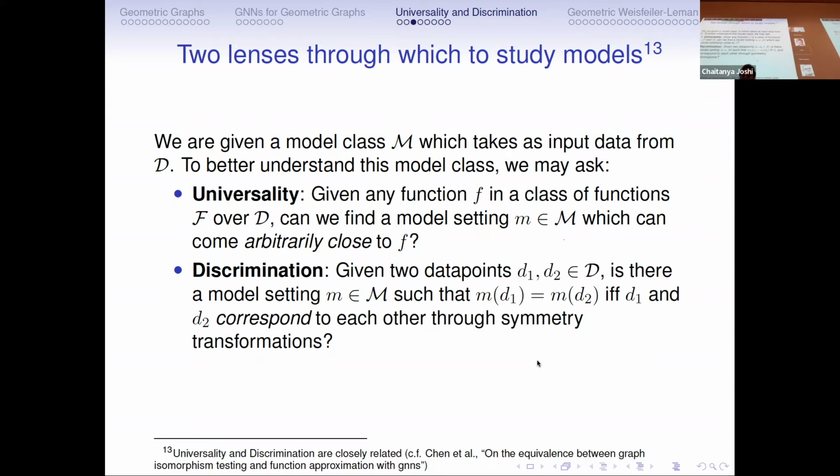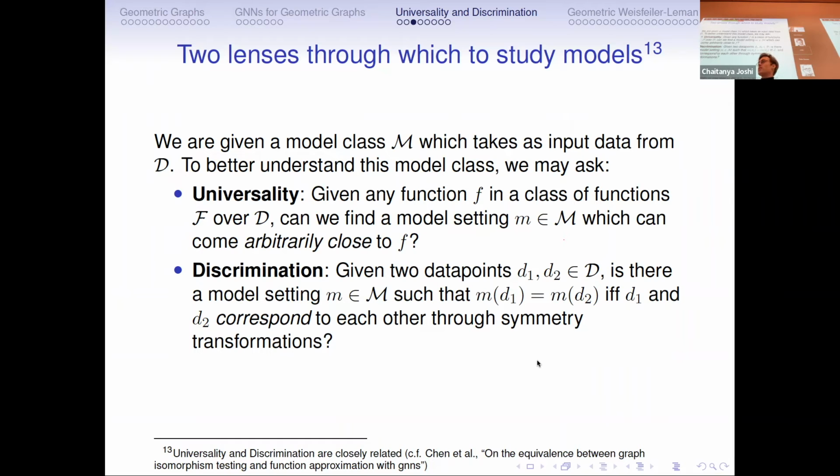There is a very nice paper which relates universality and discrimination and shows that they are very closely related, in the sense that you can build something universally approximating from something discriminating. There's a section in our work on this too, but for the purpose of this talk, I will not go into more detail. I'll just say one word on why discrimination is an interesting way to look at things. With universality, you're either universal or you're not, so it's somewhat of a binary task.